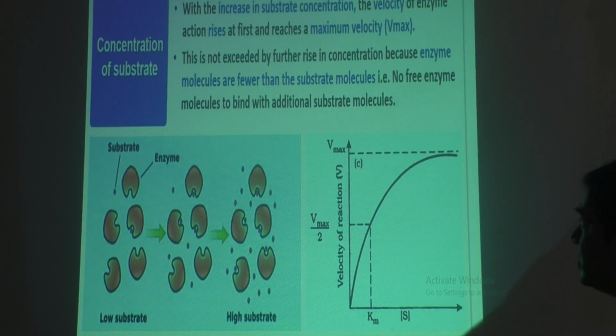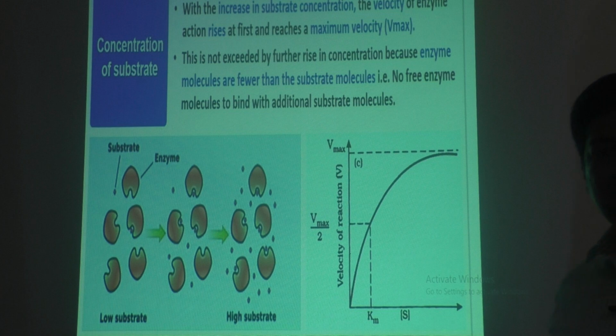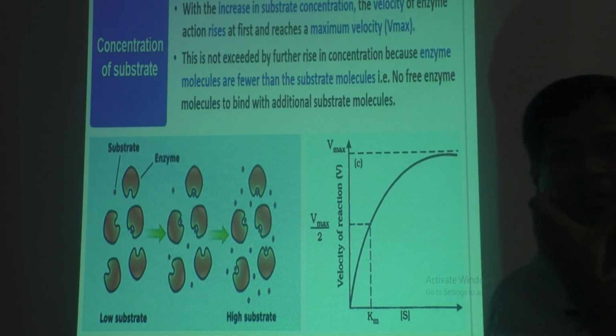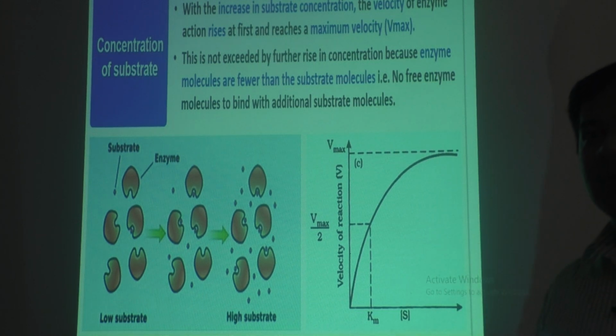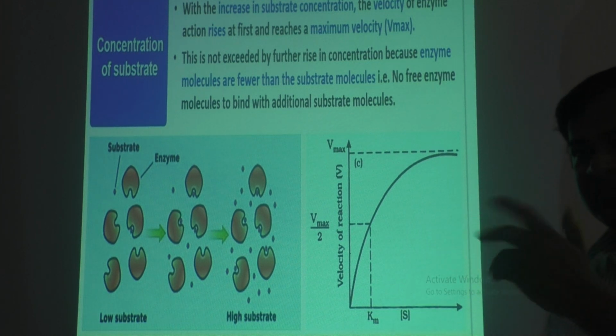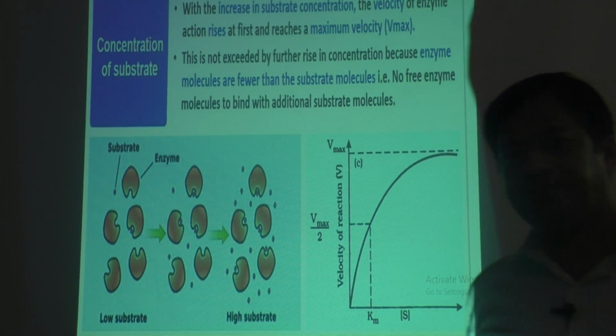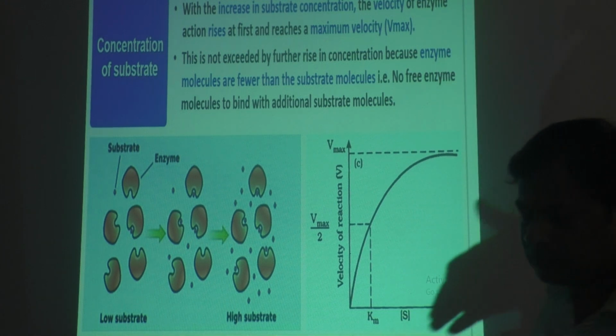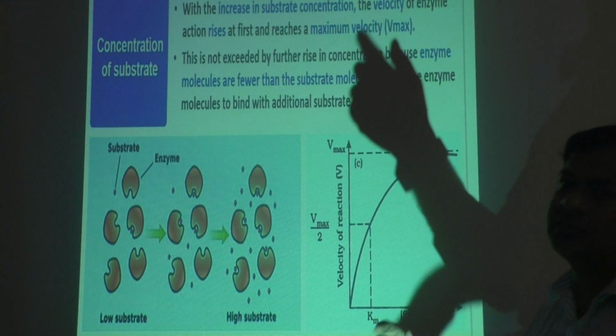But this is not exceeded by further rise in concentration because enzyme molecules are fewer than substrate molecules. What happened there? If you keep increasing substrate, suppose you took 3 glasses of milk now, the speed of the reaction will not be faster because enzyme quantity becomes less and substrate becomes more.